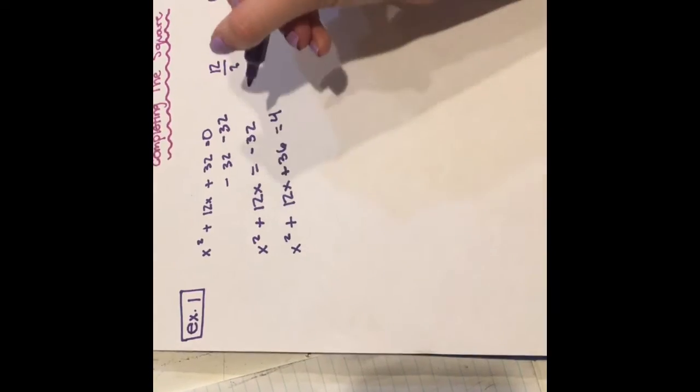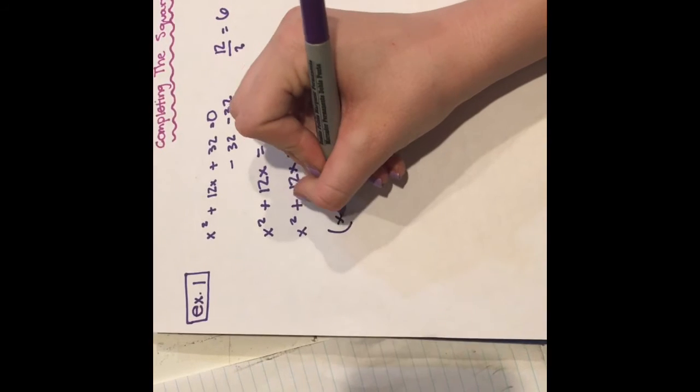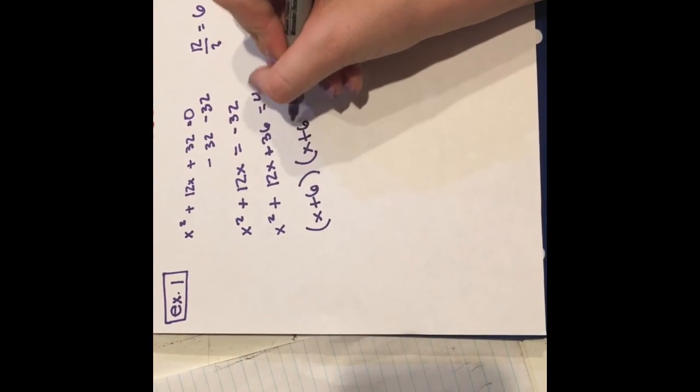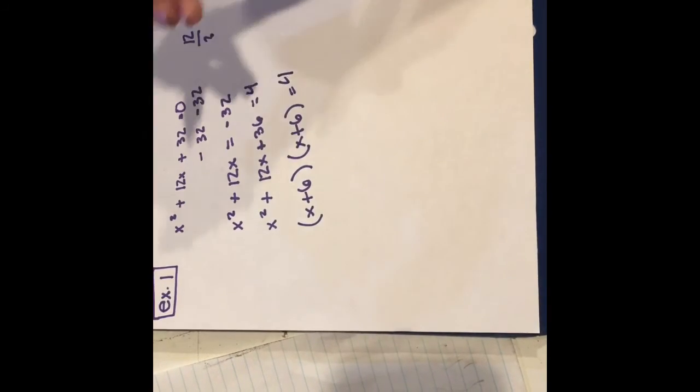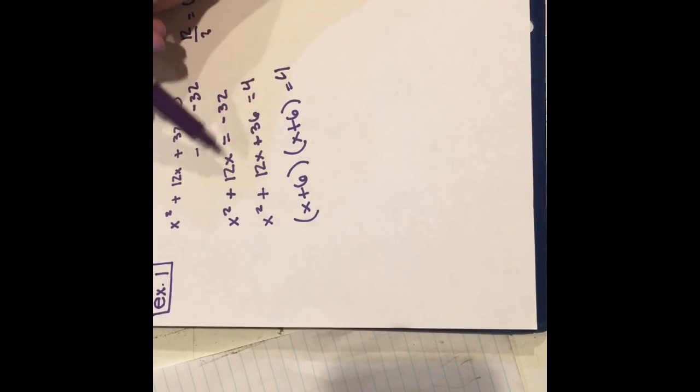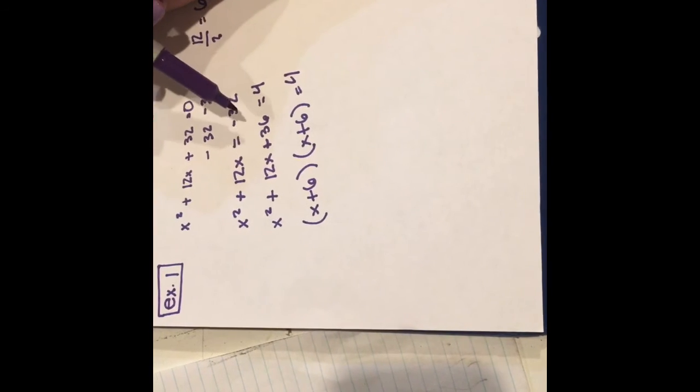After we've done that, we're going to factor. In order to factor this, it would be (x plus 6)(x plus 6) equals 4, since 6 plus 6 equals 12, and 6 times 6 equals 36.